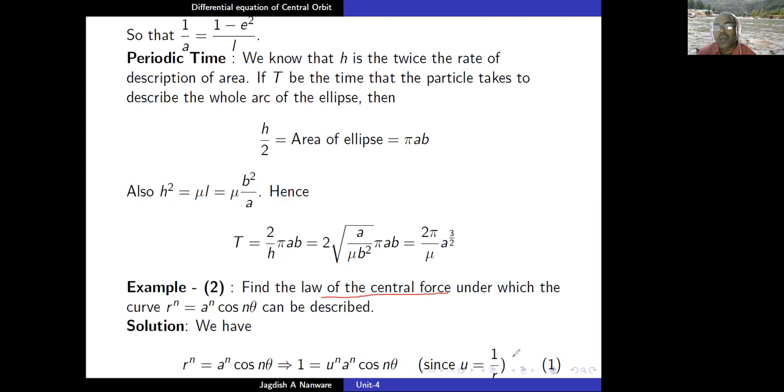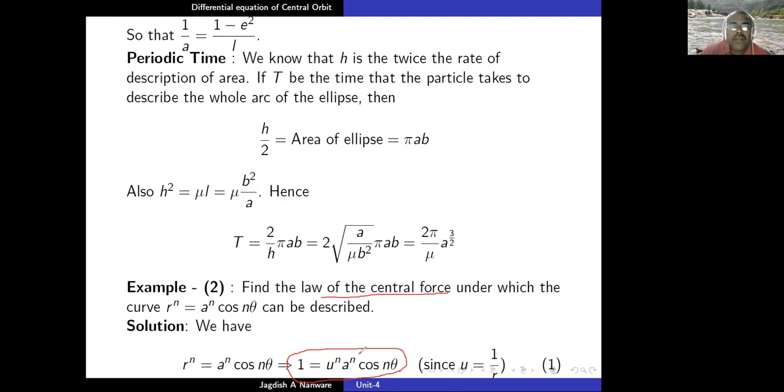So u is 1 upon r. So what is 1 upon r to the power n? It is u to the power n. And therefore here we write left hand side is 1, right hand side is u to the power n into a to the power n cos n theta. So this is what we have, right?